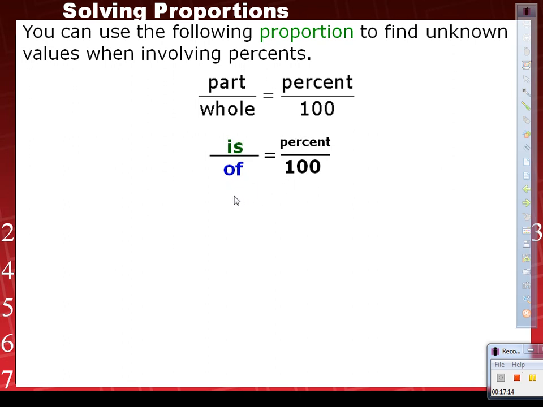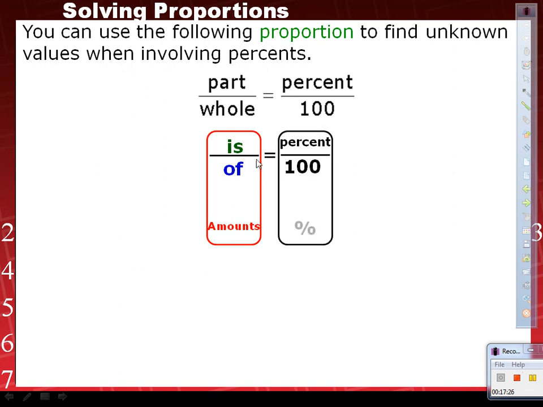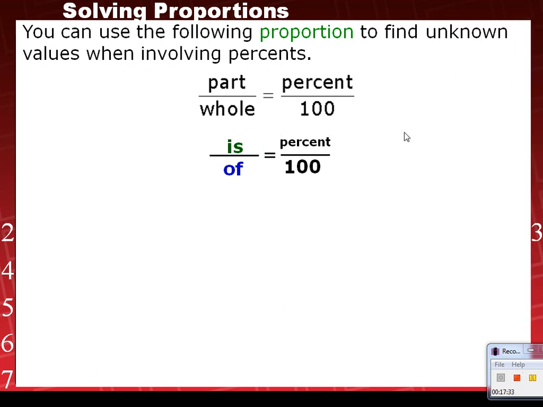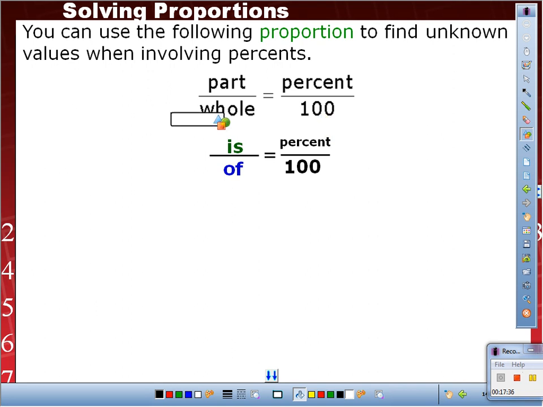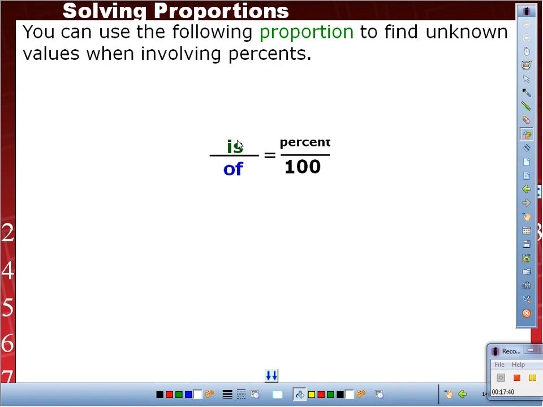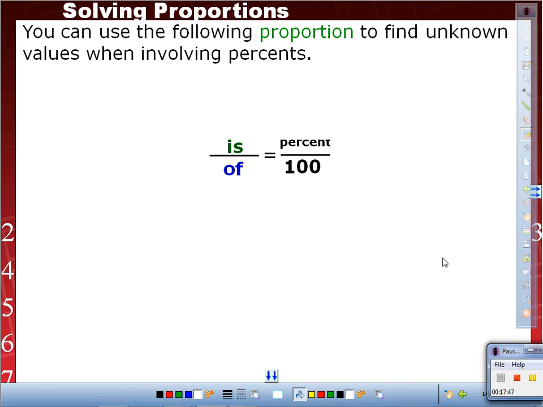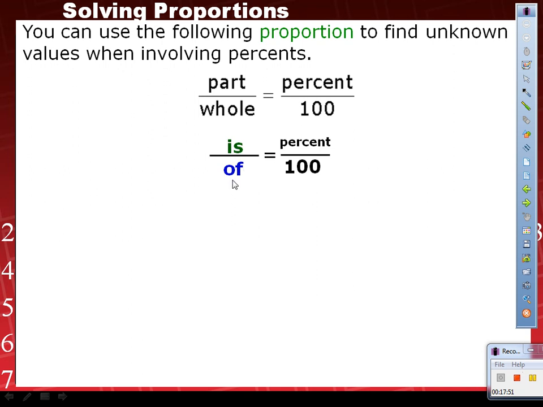So, what I want you to do is copy this proportion: is over of equals percent over 100. Copy that, please.